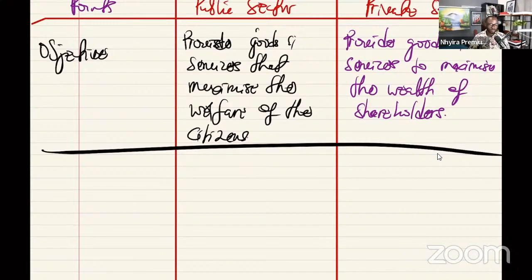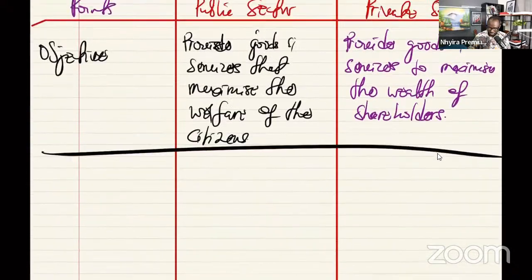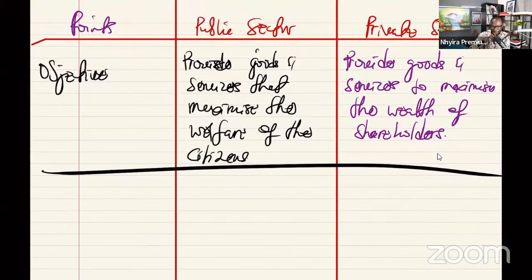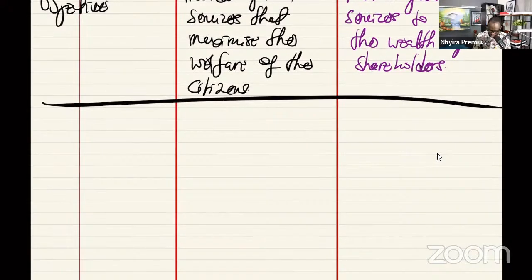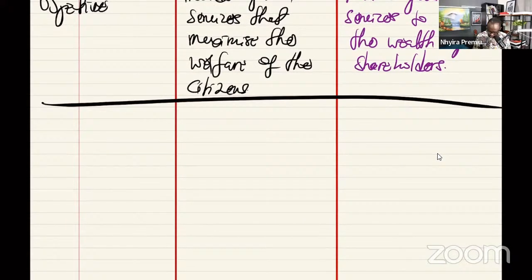Okay, so in terms of profit determination, the public sector institution does not have interest in profit, whilst the private institutions have interest in profit determination. Okay. So I don't want to use the word profit. I want to use another word instead.